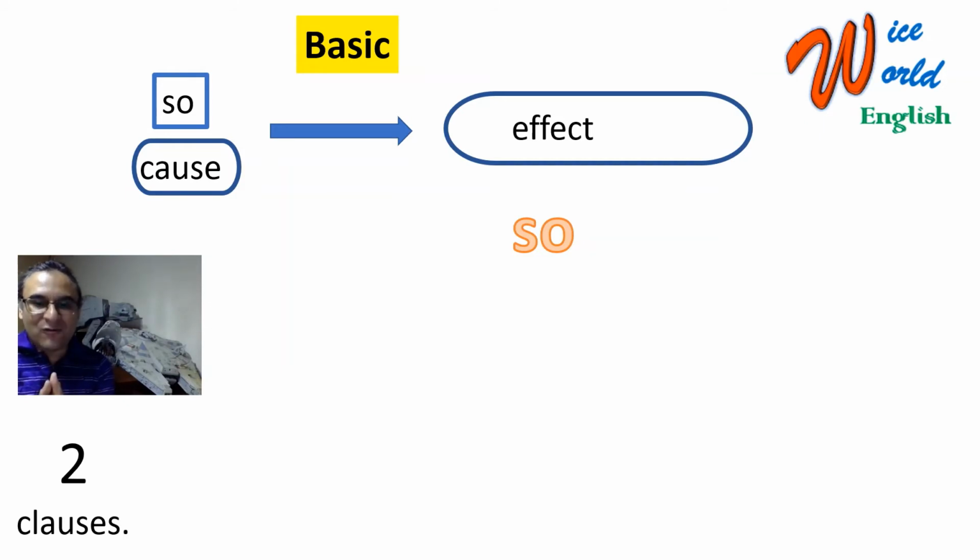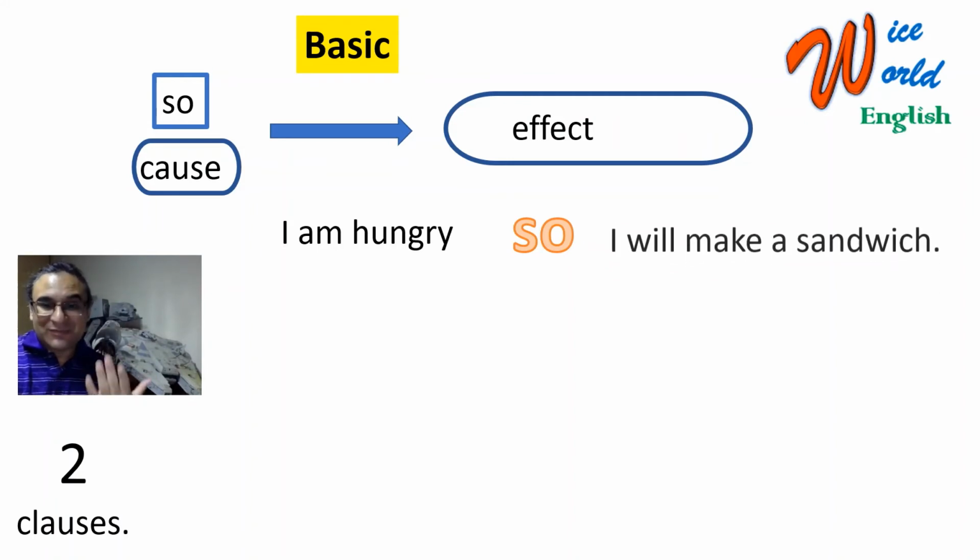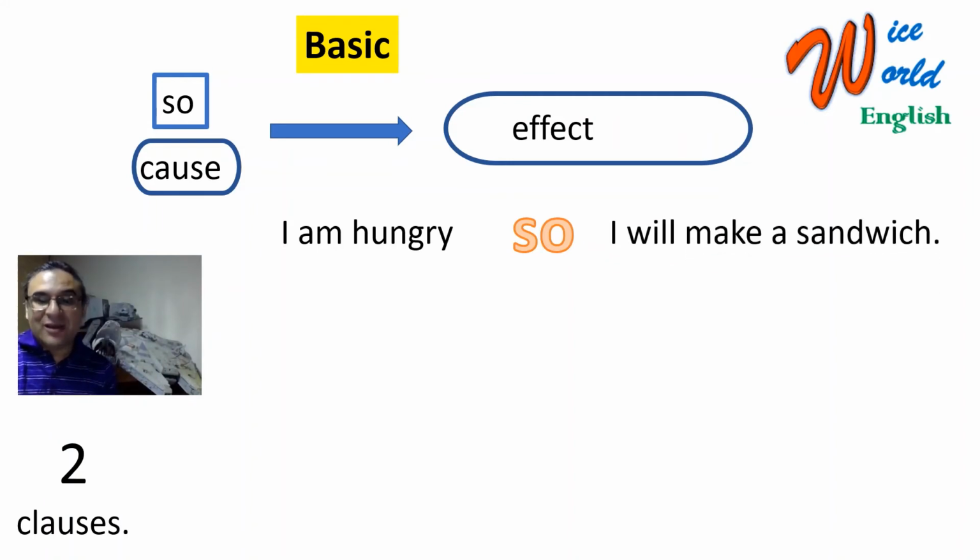That's how we're gonna use so. For example, I am hungry. If I am hungry, what is the consequence of that? Obviously, I will make a sandwich, right? I am hungry, so I will make a sandwich, no? To understand this, I am hungry, consequently, I will make a sandwich, right? That's the consequence, I will make a sandwich.